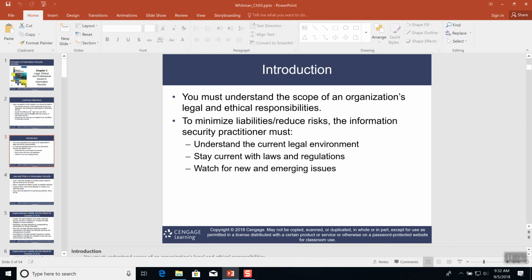You must understand the scope of an organization's legal and ethical responsibilities. To minimize liabilities and reduce risks, an information security practitioner must understand the current legal environment, stay current with laws and regulations, and watch for new and emerging issues. It can be costly if you don't understand the ramifications if you do something wrong.